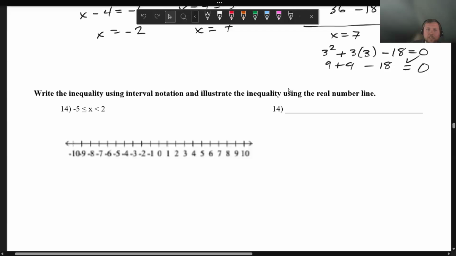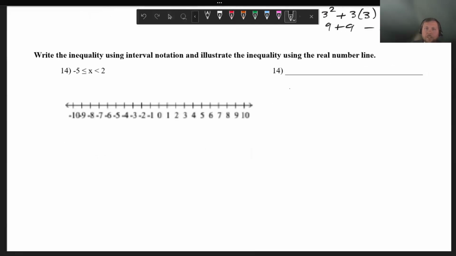Write the inequality using interval notation and illustrate the inequality using the real number line. So negative 5 less than or equal to x less than 2. In interval notation, that's negative 5 inclusive, so I use a square bracket, comma 2, parentheses, because it's not inclusive.